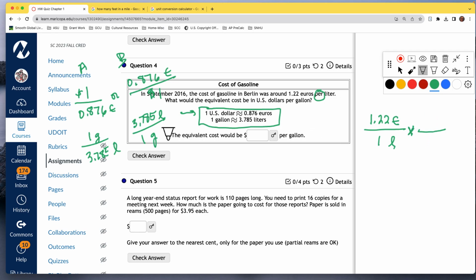So we use this one. So that's going to give us $1 and 0.876 euros. So what I like to do, as I'm doing this, is check. So euros divide out, oh yeah, I've got to be left with dollars. That's what I want.